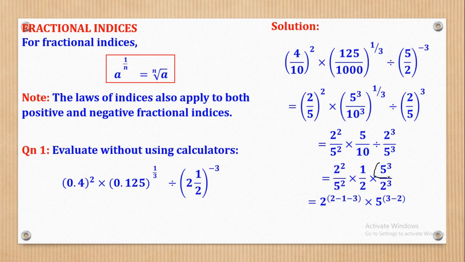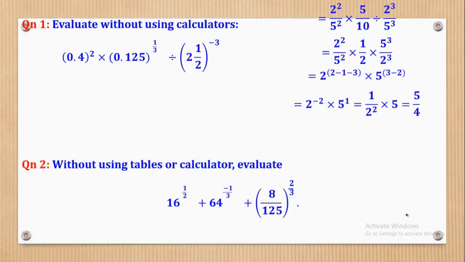Then here you have this one which is positive and also this one which is negative because it is in the denominator. So when you simplify, we shall come up with 2 to power negative 2 multiplied by 5 to power 1. Now this one is a negative power. To make it positive, you get the reciprocal. Now this reciprocal, this is 4 and this is 5, therefore in the end we come up with 5 over 4. So that is how we deal with fractional powers.